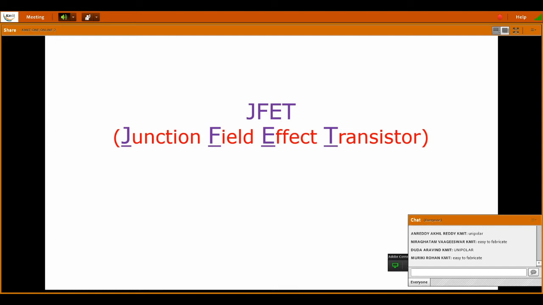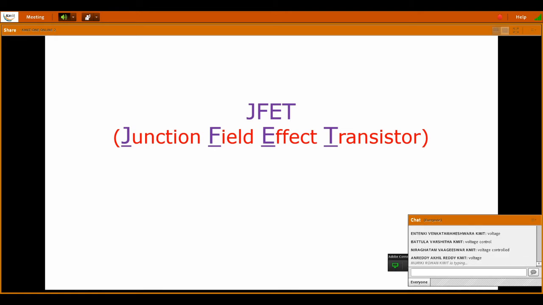Can you tell me, is FET a voltage control device or a current control device? Yes, high input impedance, a very important point. FET is a voltage control device. Why is it called a voltage control device?